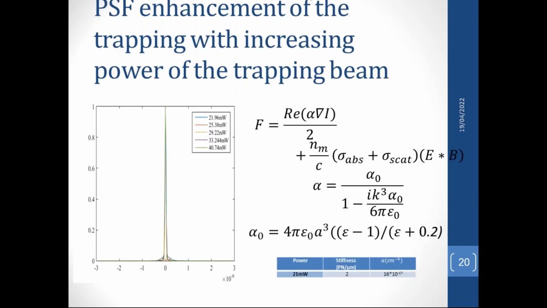After that, we increase the trapping power for the AU nanoparticle, and we observe that with increasing the power of the trapping, we have a much sharper trapping point spread function.